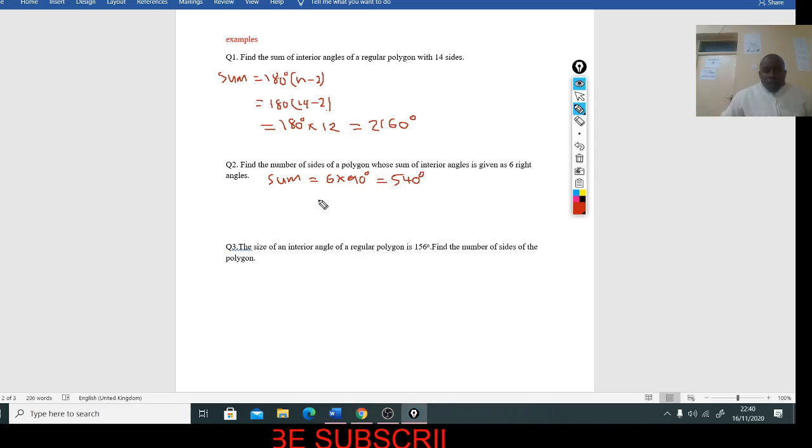Now, that is the sum, and we are told the sum of the interior angles is 540 degrees. So we find the number of sides of the polygon whose sum of interior angles is that.